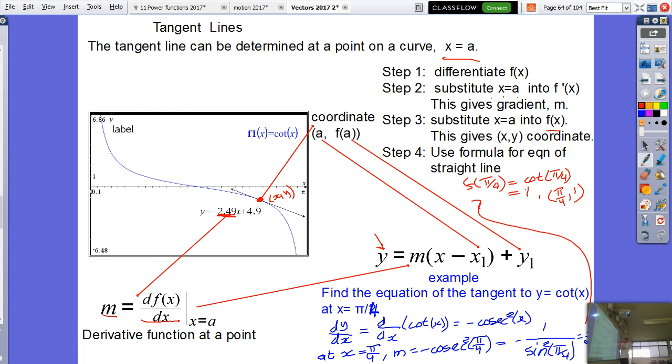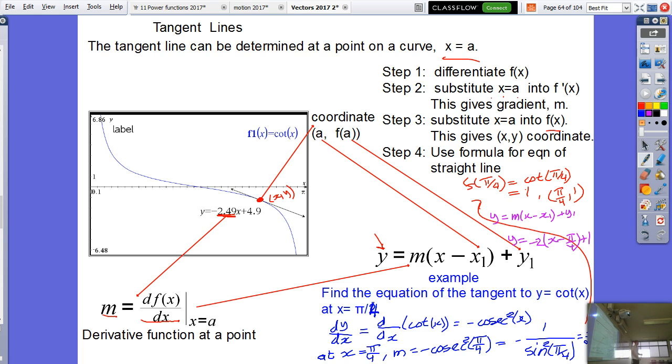And to finish it off, y equals m times x minus x1 plus y1. So it's negative 2, bracket x minus pi on 4, plus your y1, plus 1.